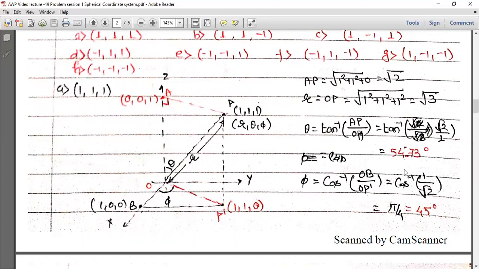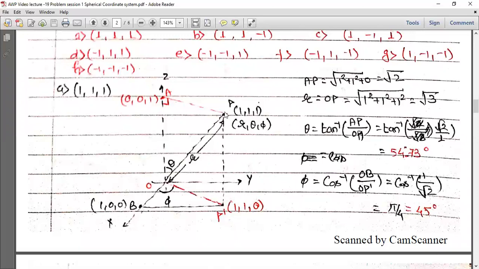Similarly, for finding the third coordinate, we draw the projection of point P on the XY plane. We already know from the rectangular coordinate system that if we want to find the projection of point P on one of the coordinate planes, XY, YZ or ZX, we keep the corresponding coordinates.